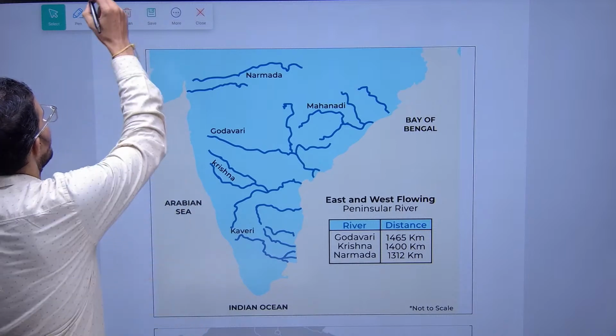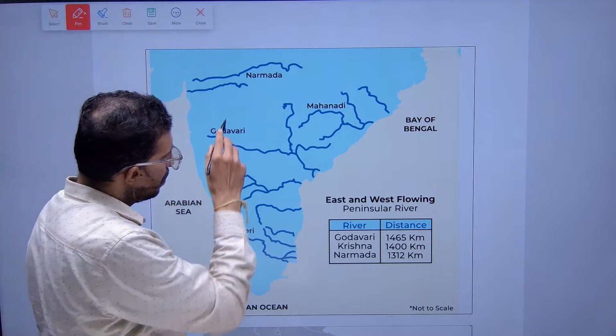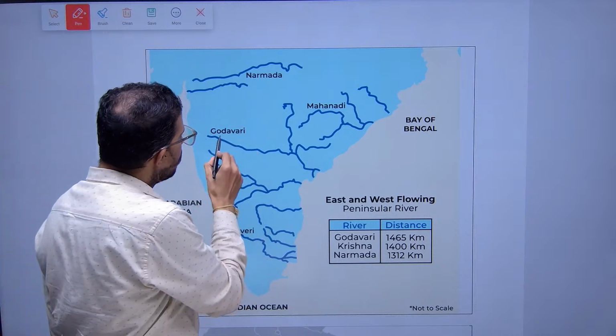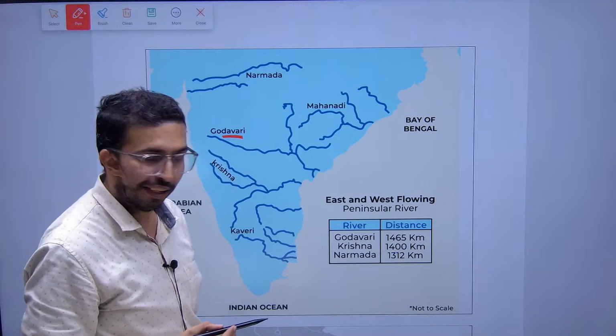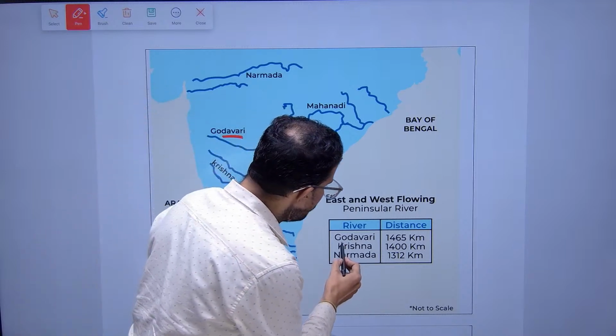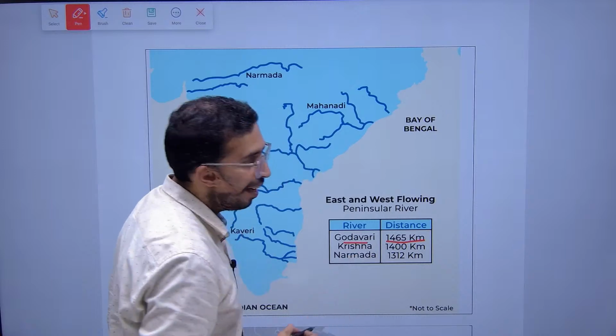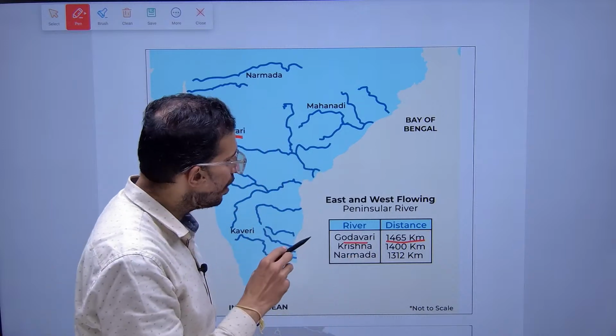Yes, observe. With respect to the Peninsular river system, the Godavari is known as the Dakshin Ganga, and among the Peninsular rivers, it has the largest length.